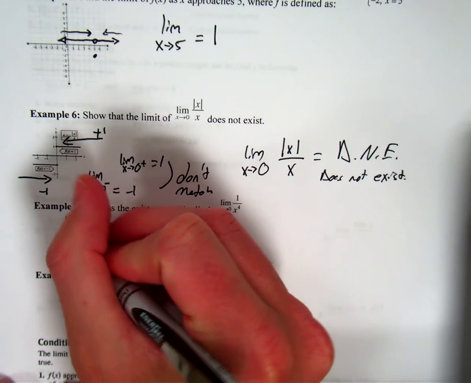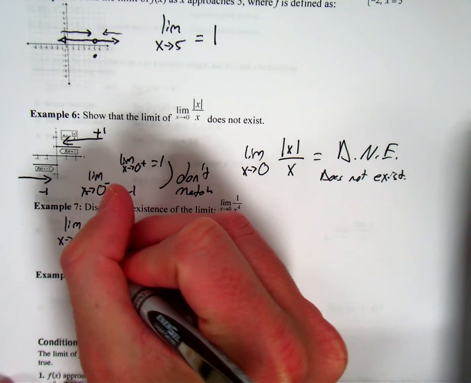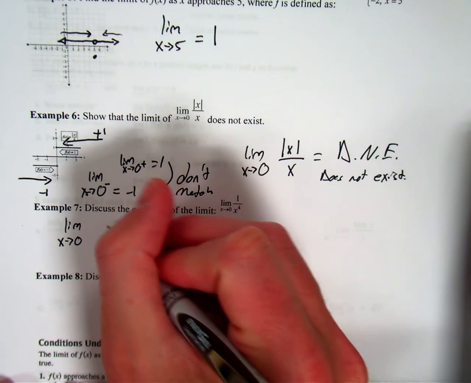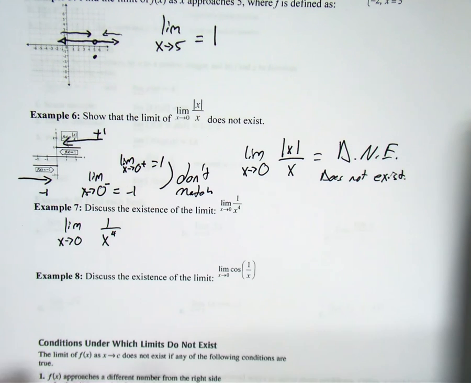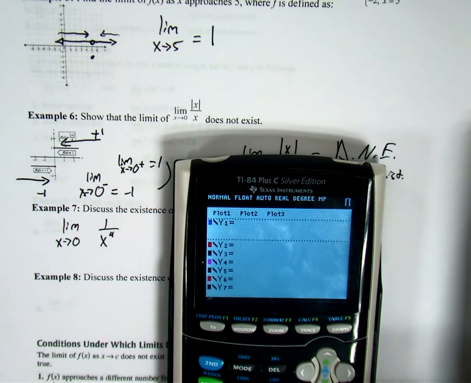What about the limit as x approaches 0 of 1 over x to the 4th? Let's take a look at this graph. 1 divided by x to the 4th power.